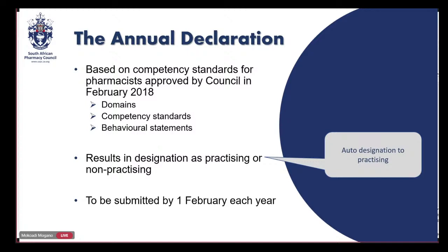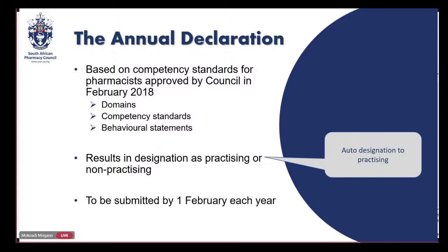For instance, if a pharmacist indicates that they do not perform any of the activities listed on the annual declaration, which relate to the scope of practice of a pharmacist, then that pharmacist will be designated as non-practicing, as they do not perform any of the acts that pertain to the scope of practice of a pharmacist.